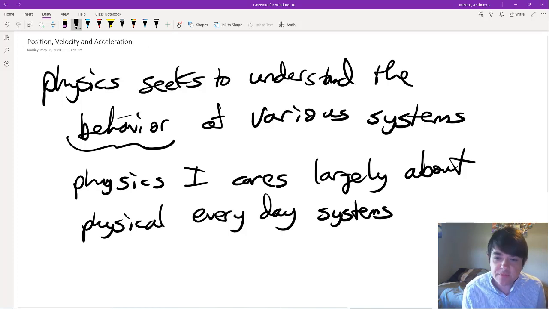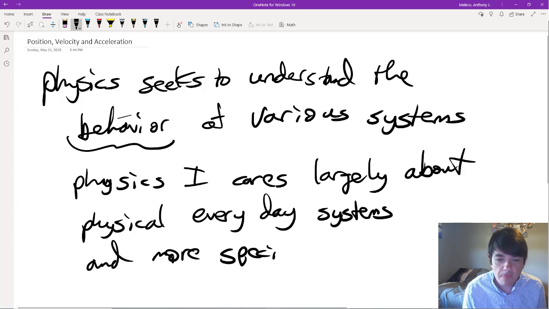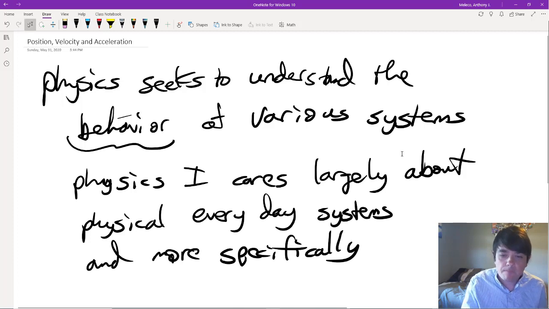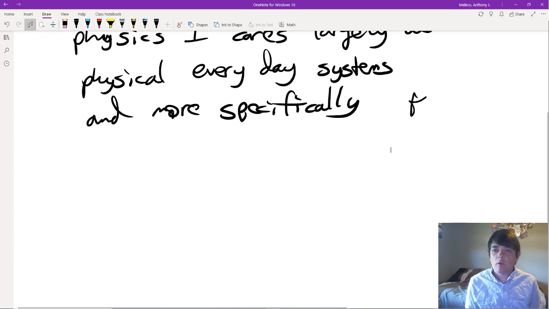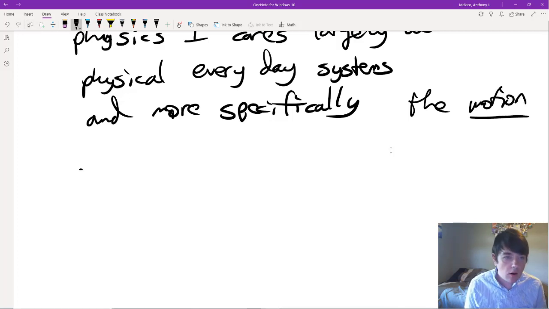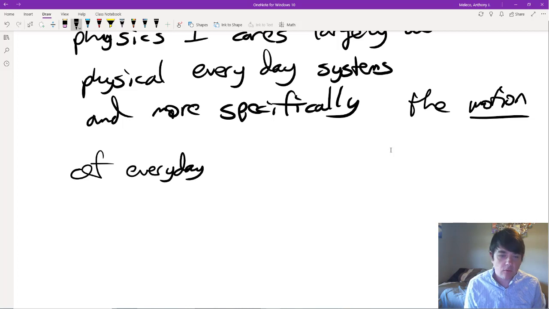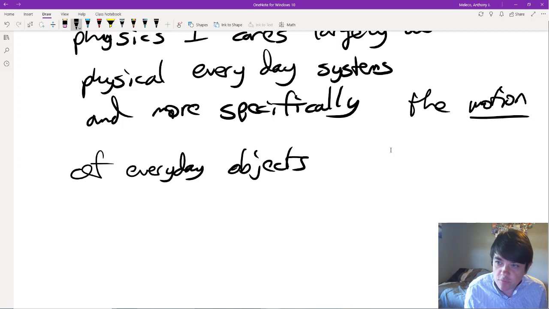Physical everyday systems, and more specifically the motion of everyday objects you see on Earth, and how they move, but in particular motion, okay?